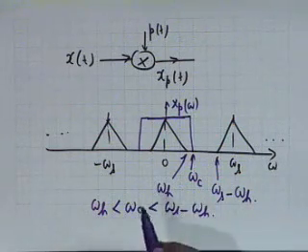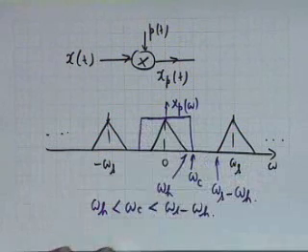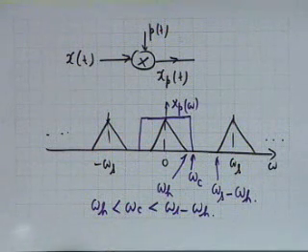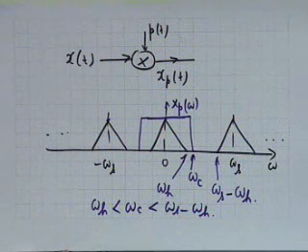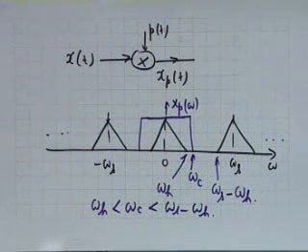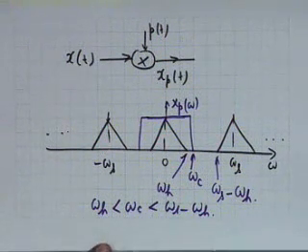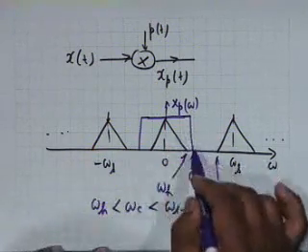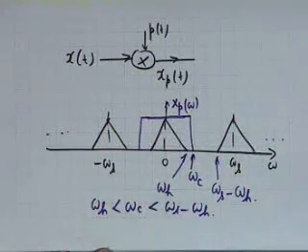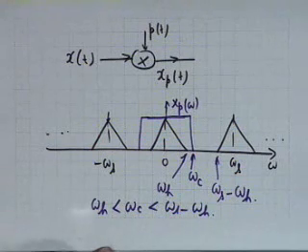In practice, this is also not a realizable function. An ideal low pass filter can be shown to be a non-causal system, and so it cannot be realized.